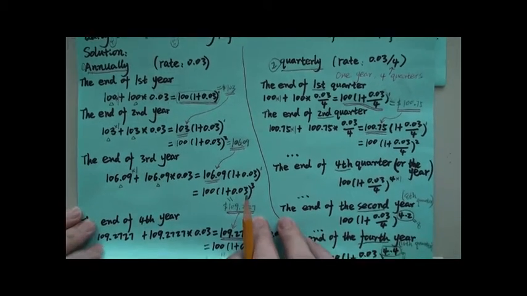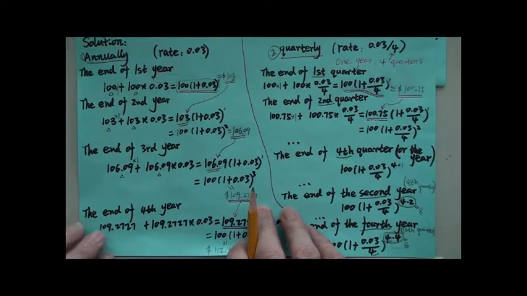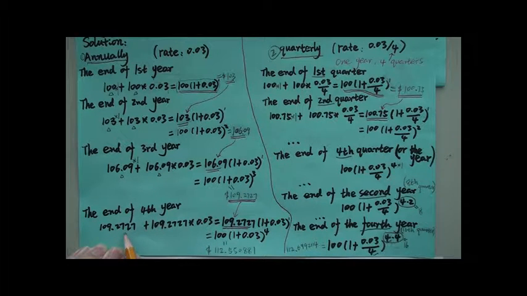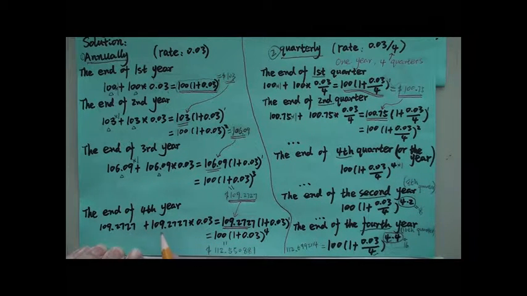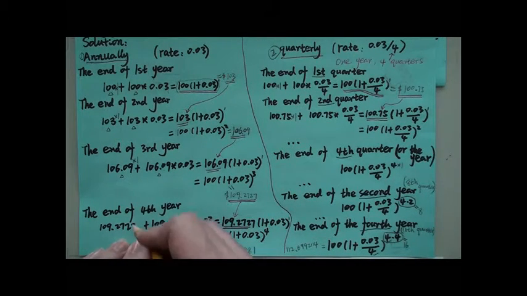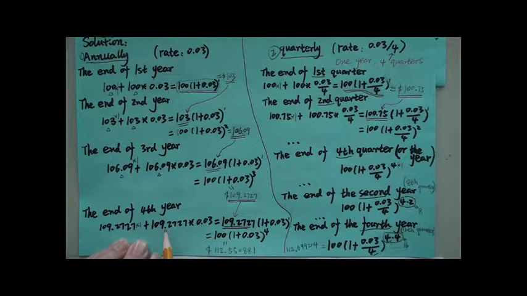Similarly, you can find the amount at the end of the fourth year. At the beginning of the fourth year, you have this starting amount plus the starting amount times the interest rate, 0.03. Again, pull 109.2727 out.